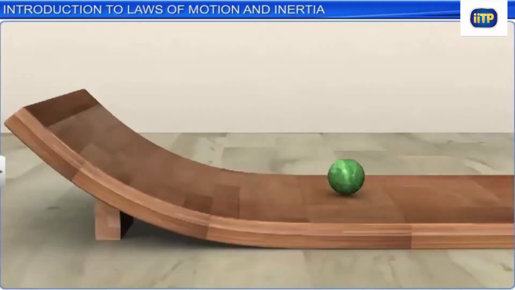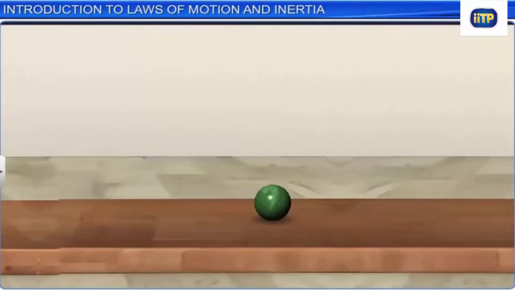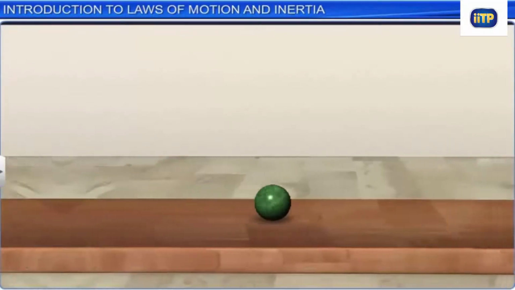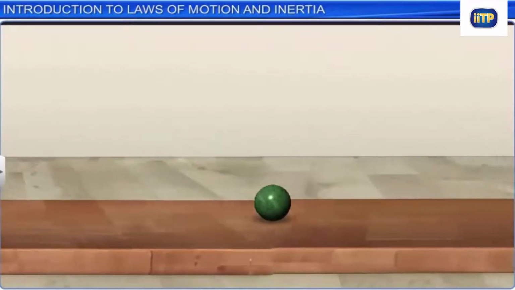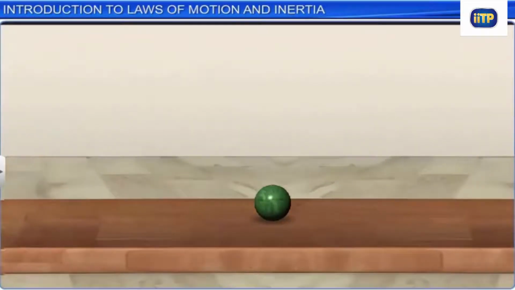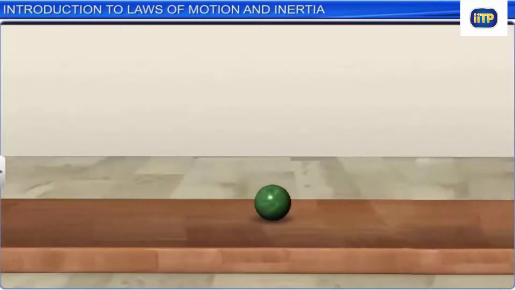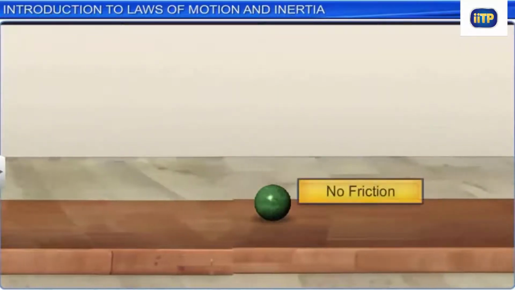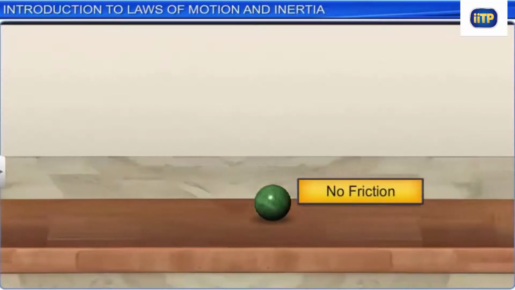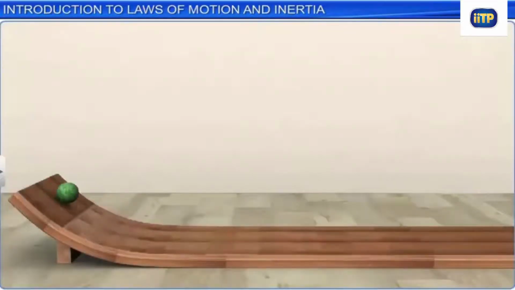When the slope of the second plane is made zero, that is, it becomes horizontal, the roller moves infinite distance. This can happen only in a situation where there is no friction. Actually, the roller comes to rest after moving some distance as frictional force acts opposing the motion.